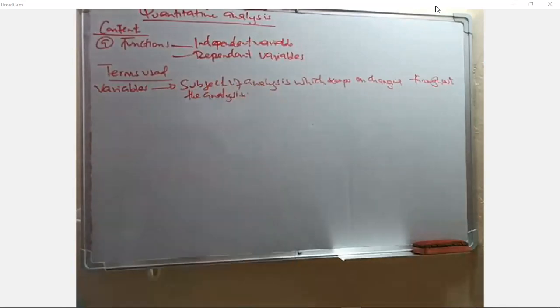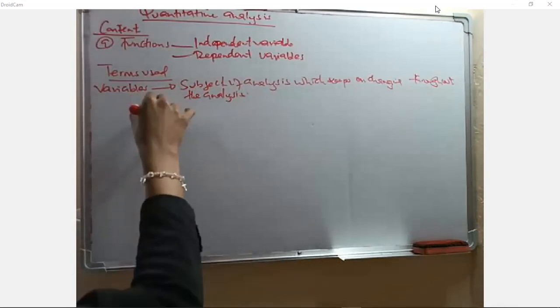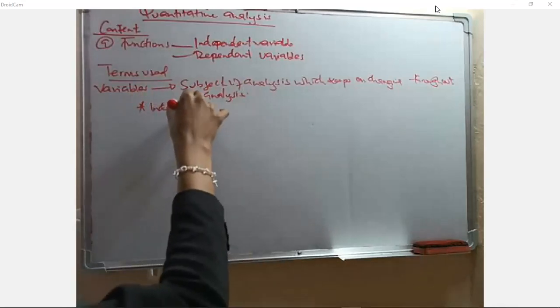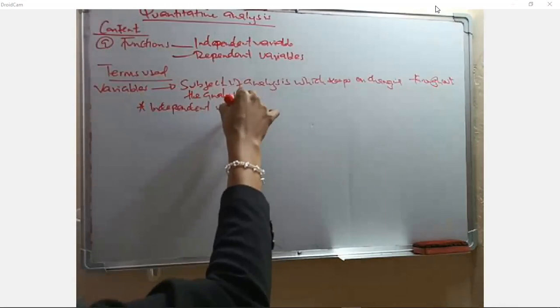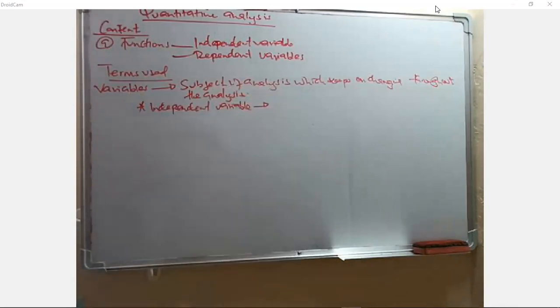So when we are discussing the two variables, remember we have already analyzed the independent variable. We are saying it is just a variable which causes the change in the other variables, and it is normally placed along the x-axis.